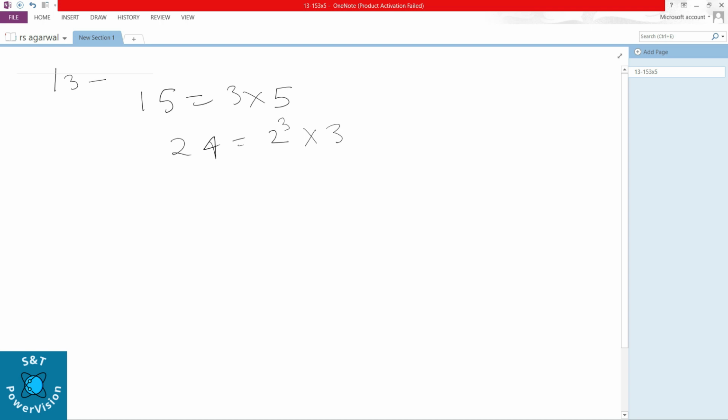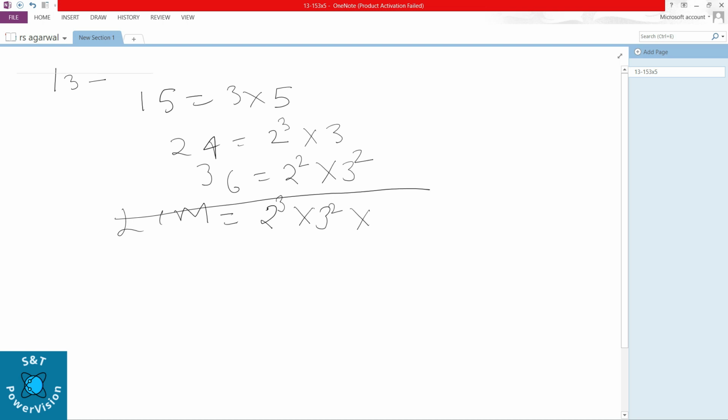After that, the next number is 36, which is 2 square into 3 square. After that, LCM is equal to 2 cube into, then we have to take the highest exponent of 3, that is 3 square, into 5.